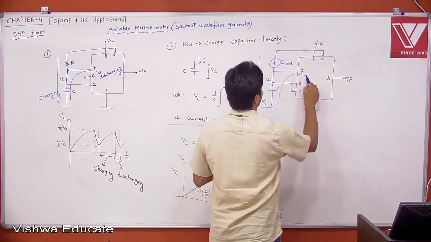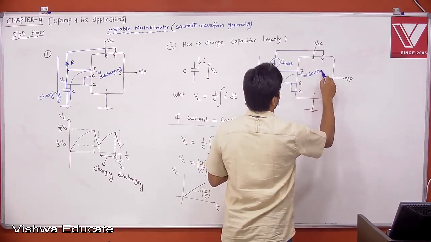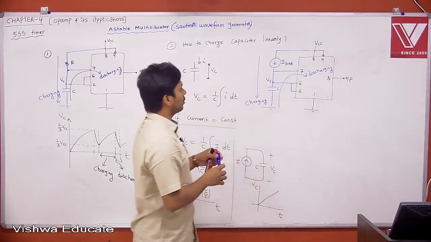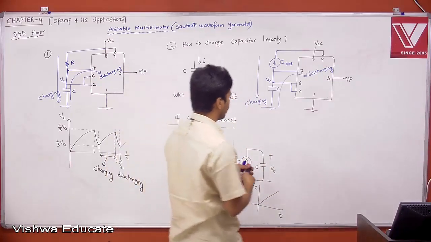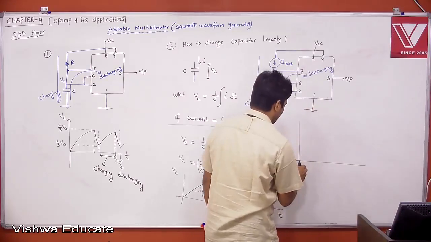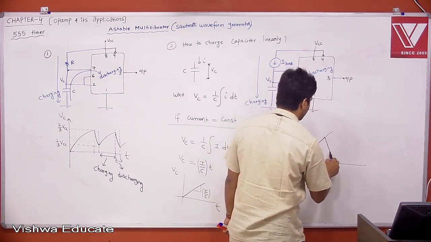This is your discharge path. That is pin 7. 7 is always discharge. Now if you ask me what is the voltage across the capacitor, initially it charges linearly, it is trying to charge to VCC, but it will discharge.